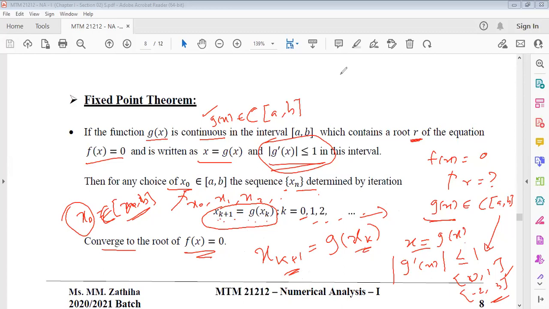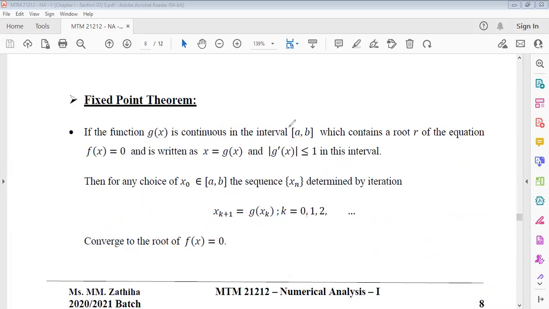Did you understand what I said? I have already explained the method. First of all, they will give you f(x) = 0. Then you have to find one g(x), and equate that g(x) to x. Also, you have to find the derivative of g(x) and its modulus, which should be less than or equal to 1. Then only you can take that g(x).